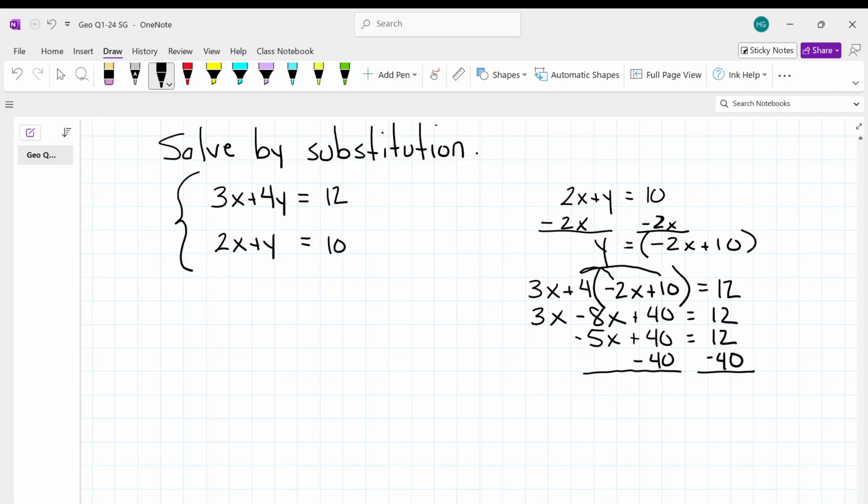We get negative 5x is equal to 12 minus 40, which is negative 28. And then divide both sides by negative 5, and x is equal to 28 divided by 5, which is 5.6.